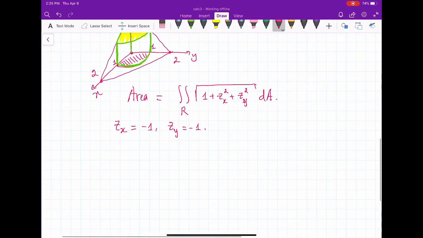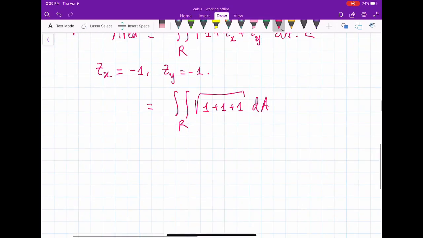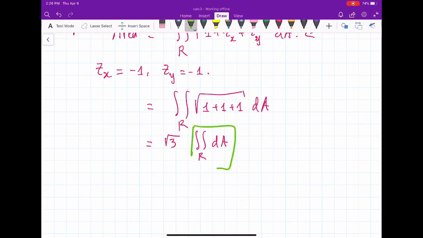Basically, if we plug this into the area formula, we have the double integral over R of the square root of 1 plus 1 plus 1 and dA, right? The constant can be taken out. We have square root of 3 times the double integral over R of dA right here. Okay, so what is this?